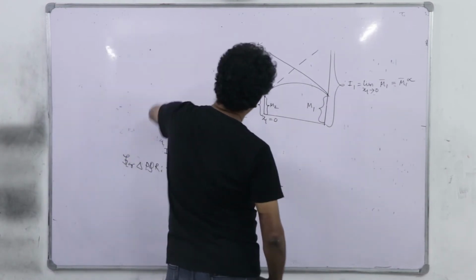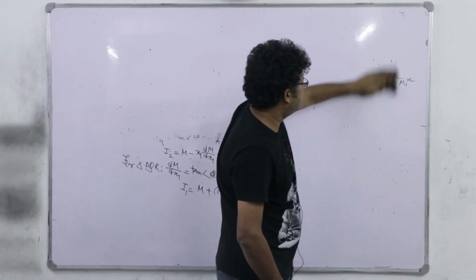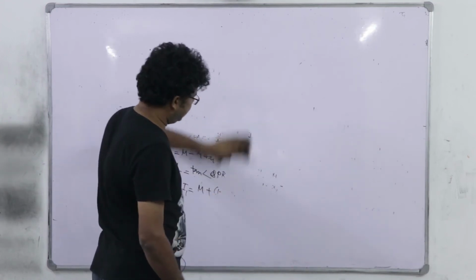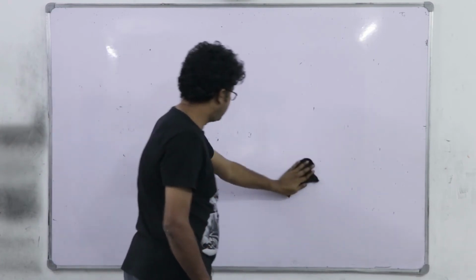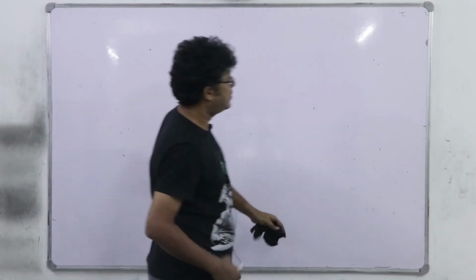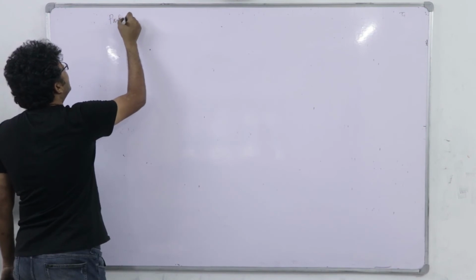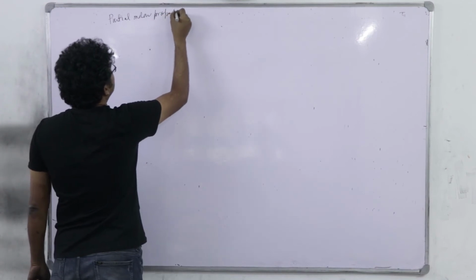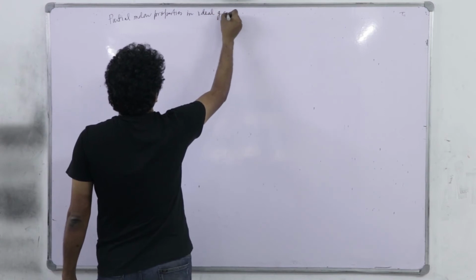of partial molar property in a multi-component model mixture, right, and that model is definitely the ideal gas mixture. So, we are going to discuss this partial molar properties in ideal gas mixture.